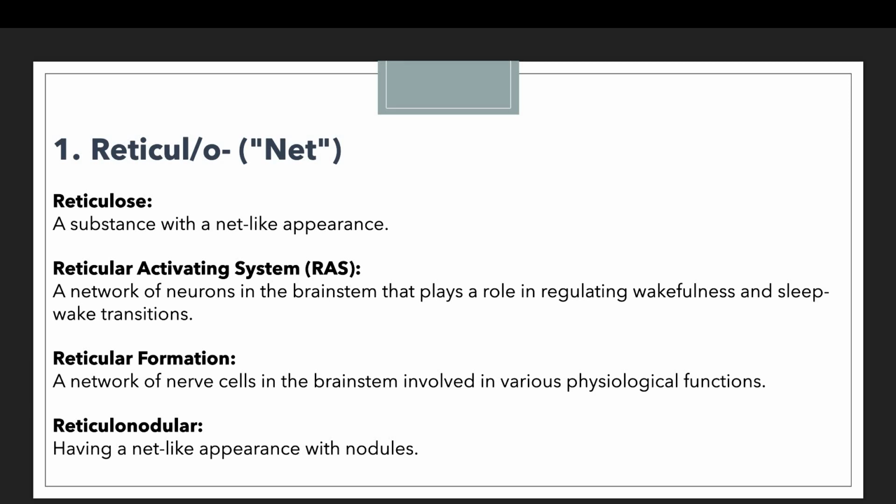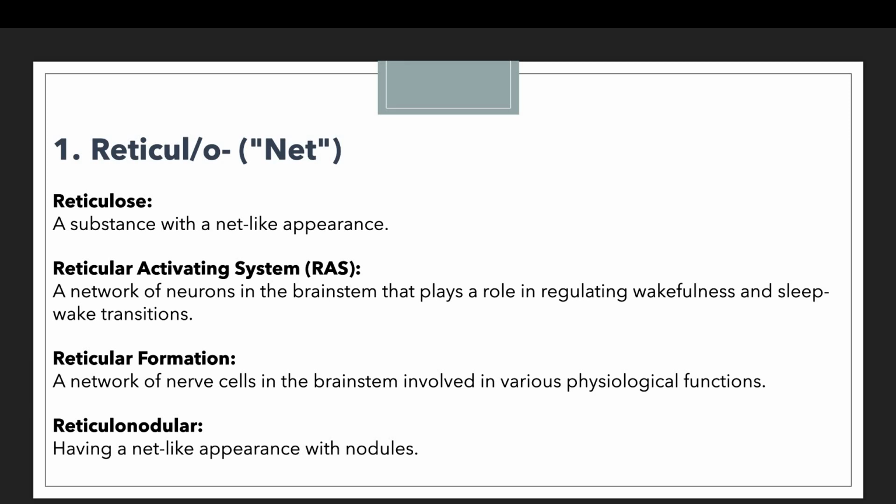So again, you can see here we are referring to a term related to networks or a net. Then we have another example, reticular formation. Now, what is reticular formation?